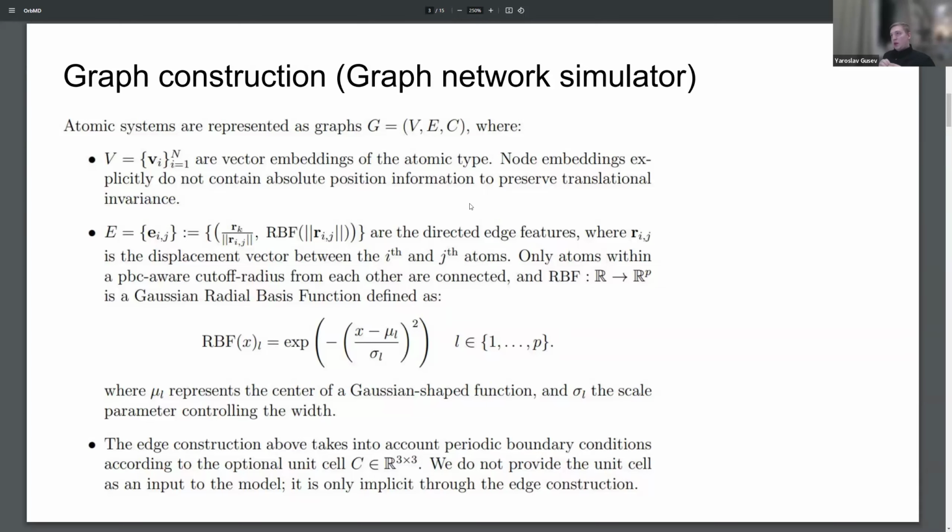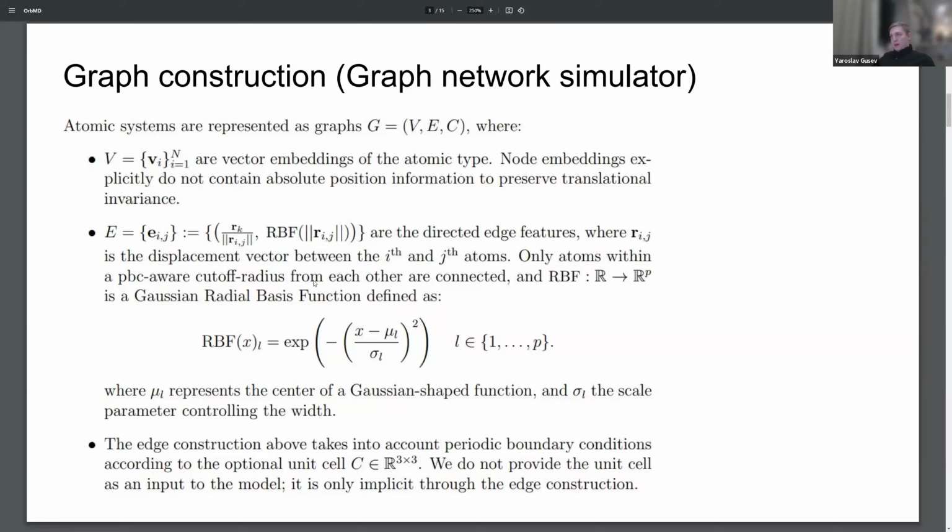So initially, atoms with the same atomic type have essentially the same embedding vector, and those vertex features do not contain any information about the position. The relative positions of different particles are encoded into the edge features of this graph.